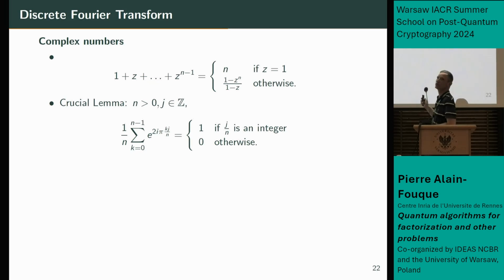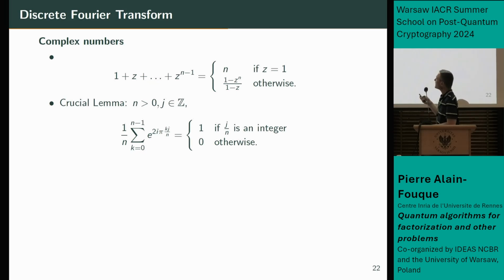You call this value capital S, multiply it by z, and subtract the two sums. All the middle terms cancel out, and at the end you get only 1 and z to the n. Then you factor out 1 minus z from S, and at the end you get this value.